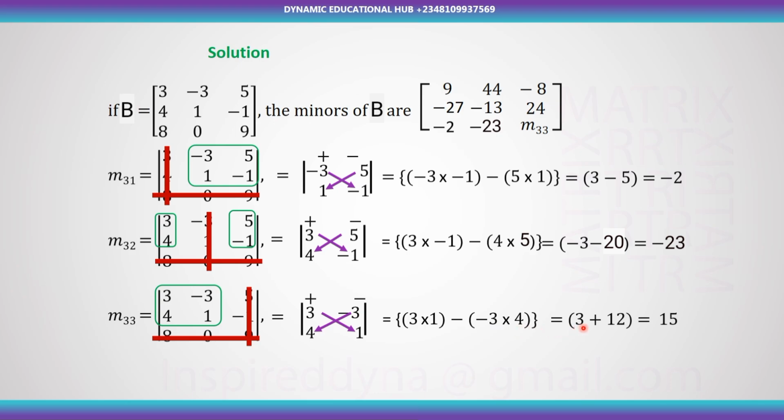That is 3 minus 12, but because of the minus, it becomes plus 12. 3 plus 12, then you have 15. These are the minors of this matrix.